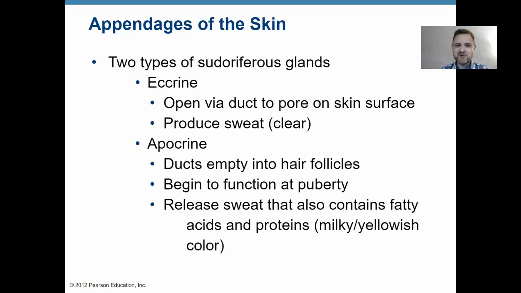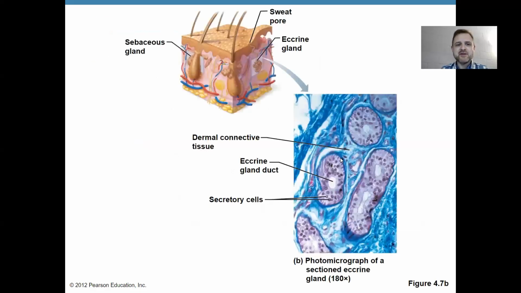Apocrine glands are a kind of sweat gland that empty directly into hair follicles. And these, again, function beginning at puberty, which is why you tend to get particularly sweaty in places where you have hair. These glands also produce fatty acids and proteins, which can give sweat kind of a milky or yellowish color from apocrine glands.